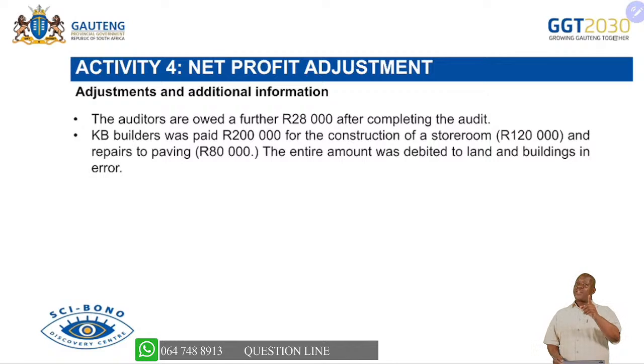So if they are owed and it was not recorded, it means when we recorded our expense, the figure that we entered was less. So we must add on the expenses. But remember, the minute you add on expenses, you are reducing profit. So that is going to reduce our profit. What about the next bullet?